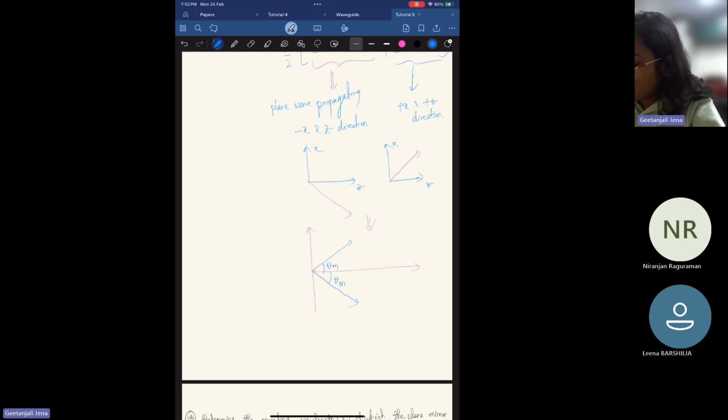And let us say the propagation constant along the propagation direction is beta m, and along the x direction, let us say it is gamma m.